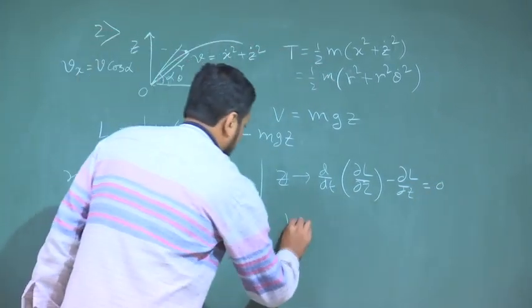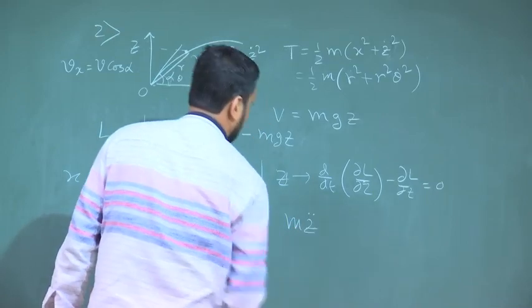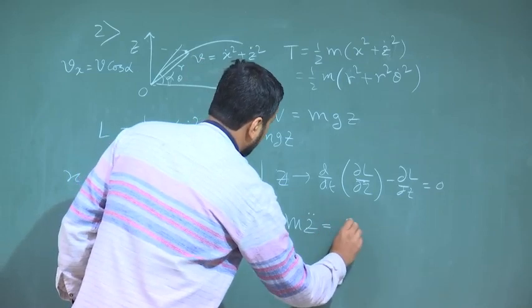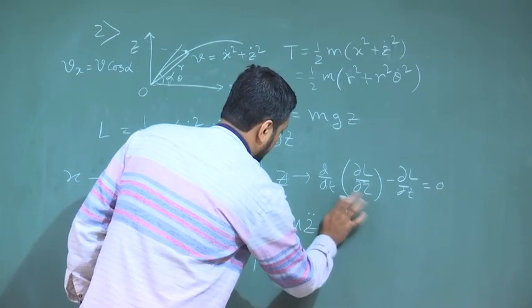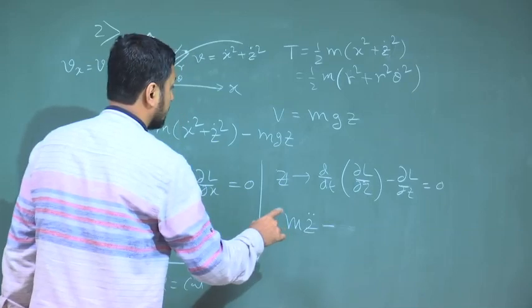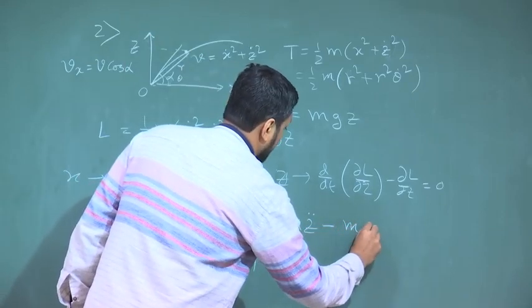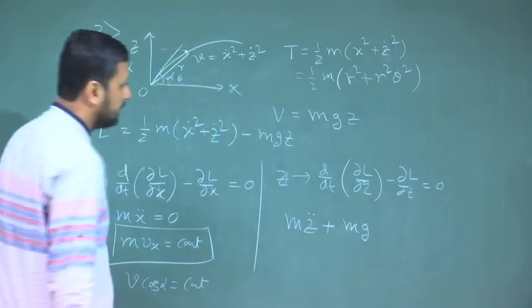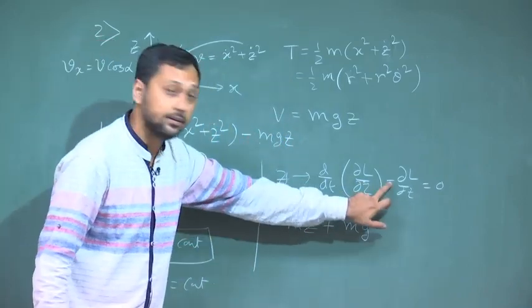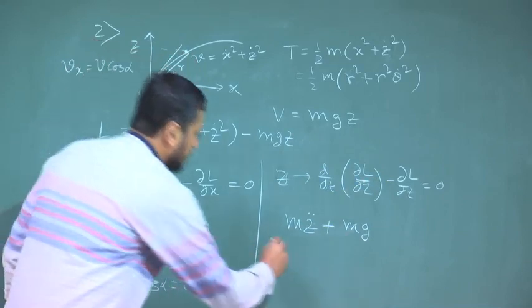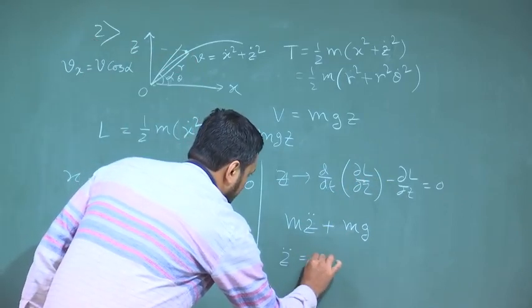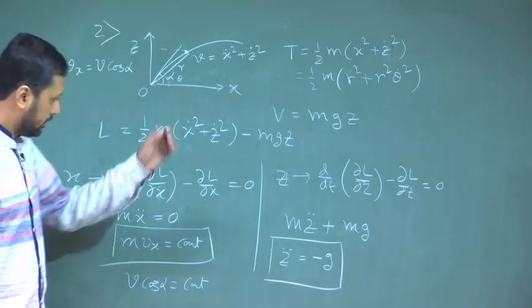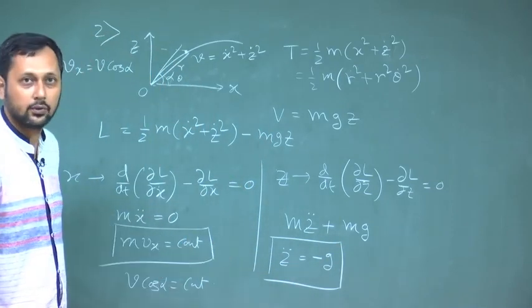So it will be m z double dot equal to minus m g. It will be a plus sign here because there is a minus here and a minus here. Which means z double dot is equal to minus g, which is absolutely fine. This is how the equation of a projectile looks.